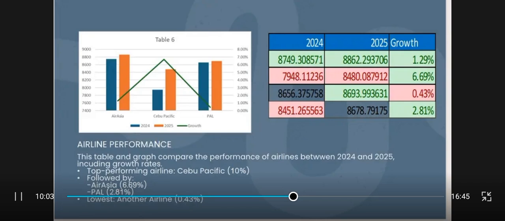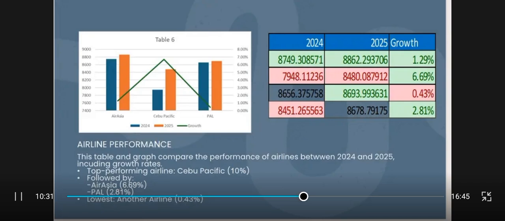So the second slide is the table 6. This data shown in table 6 compares the performance of airlines between 2024 and 2025, focusing on their performance values and the percentage growth achieved from one year to the next year.